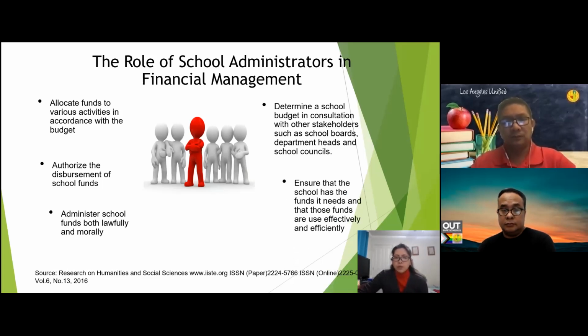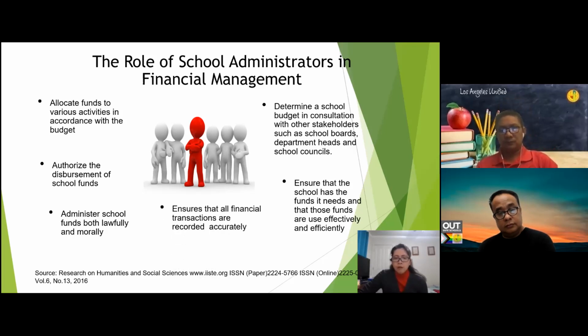Also, school administrators ensure that the school has the funds it needs and that those funds are used effectively and efficiently. And also ensures that all financial transactions are recorded accurately.